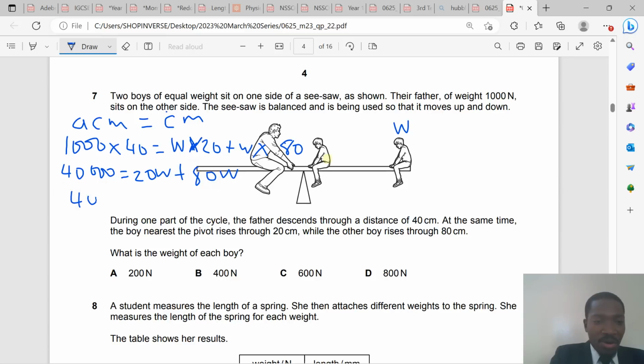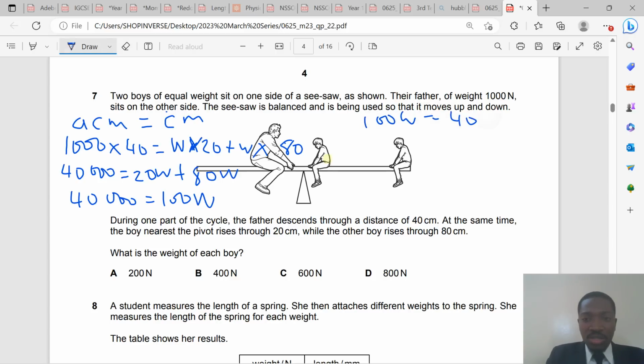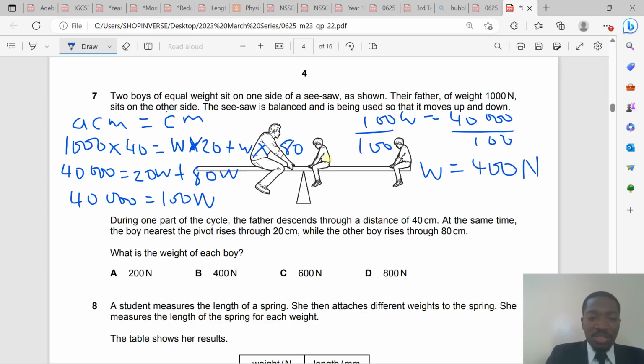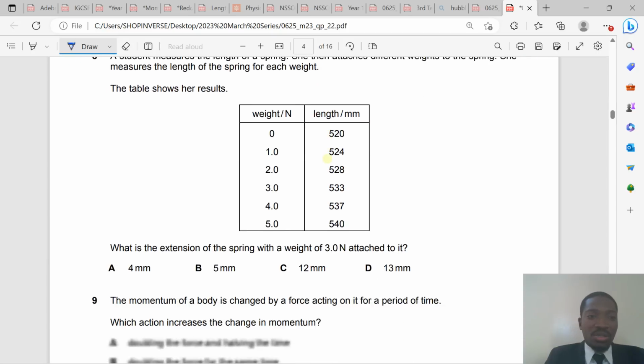Hence, we have 40,000 equals 100W, because 20W plus 80W gives 100W. Dividing both sides by 100, W is equal to 40,000 divided by 100, which gives 400 Newton, and that's the weight of each boy. That makes option B the correct answer to question 7.